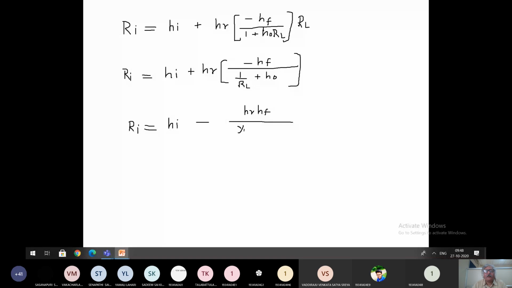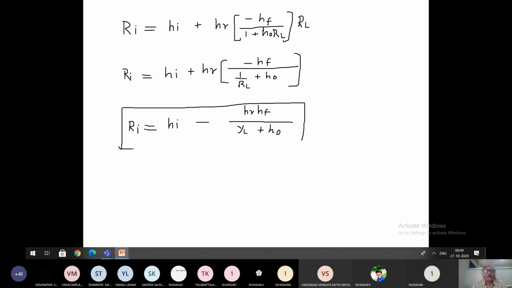You can write YL plus H naught. What is 1 by RL? It is admittance, right? So this expression also you can use. It is a simplified expression now.